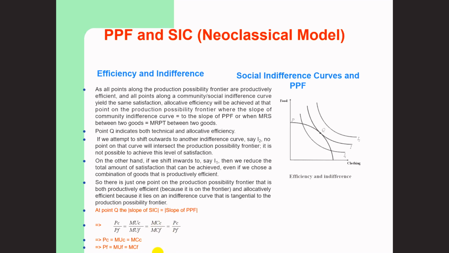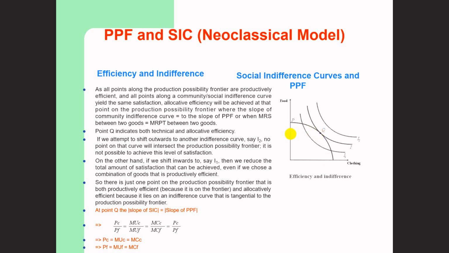So that is why the technical efficiency or the productive efficiency is achieved at Q, and this is the supply side, but on the demand side, this is what the society desires. So this much of cloth will be produced and this much of food will be produced.